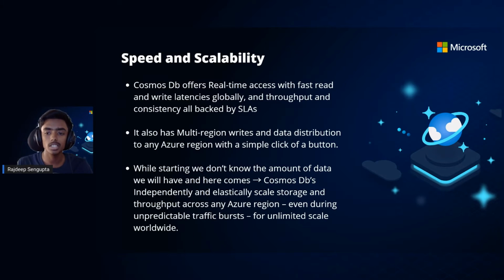It also has multi-region writes and data distribution to any Azure region with a simple click of a button. While starting, we didn't know the amount of data we would have, and here comes Cosmos DB's ability to independently and elastically scale storage and throughput across any Azure region, even during unpredictable traffic bursts, for unlimited scale worldwide.